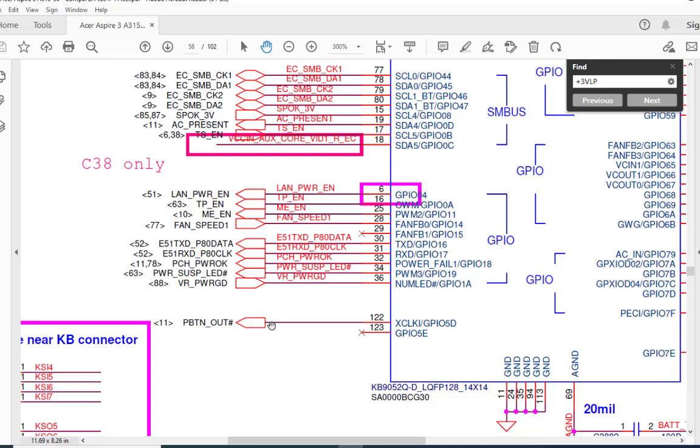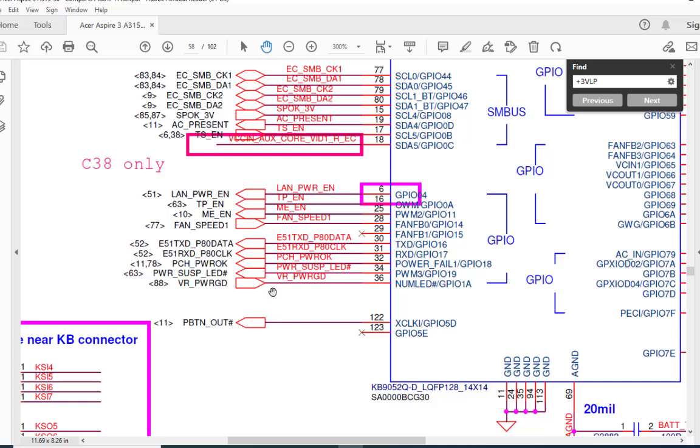If this pulse is not coming, you have to check all the previous signals, and you have to check the EC BIOS also, because this SIO is a programmable SIO. If the 3.3 volt variation is not coming, first you have to flash the SIO with the new BIOS, and if it still doesn't work, then you have to replace the SIO and reflash the BIOS again.